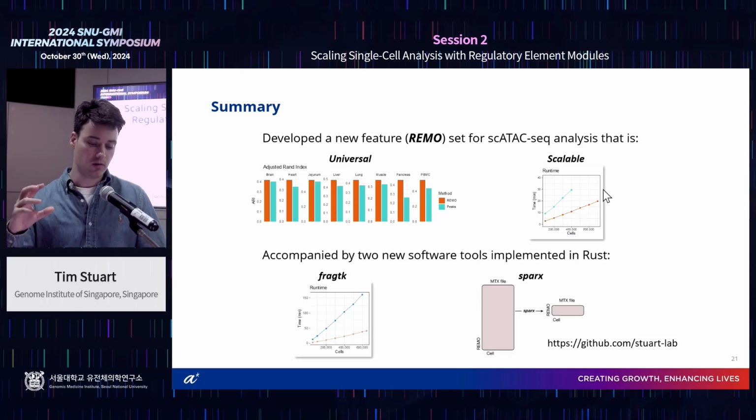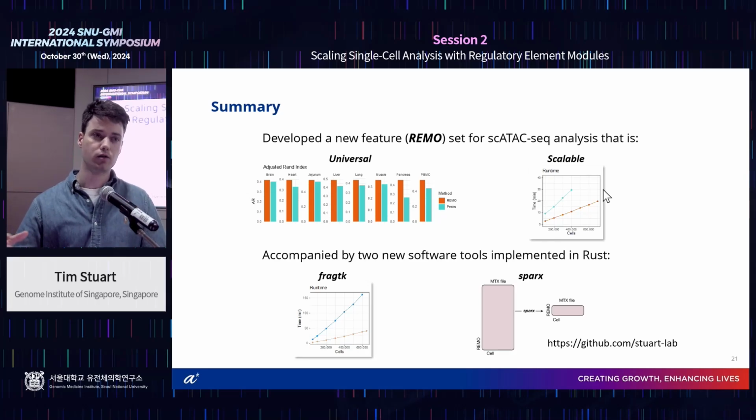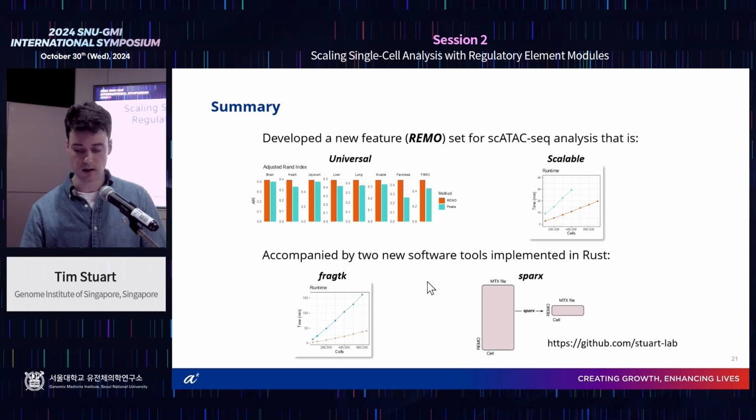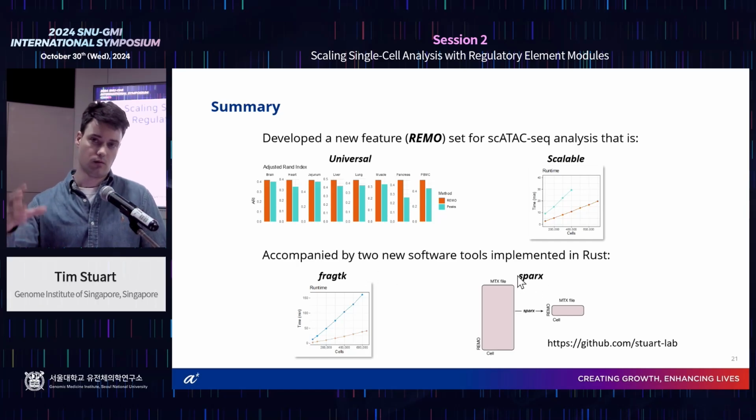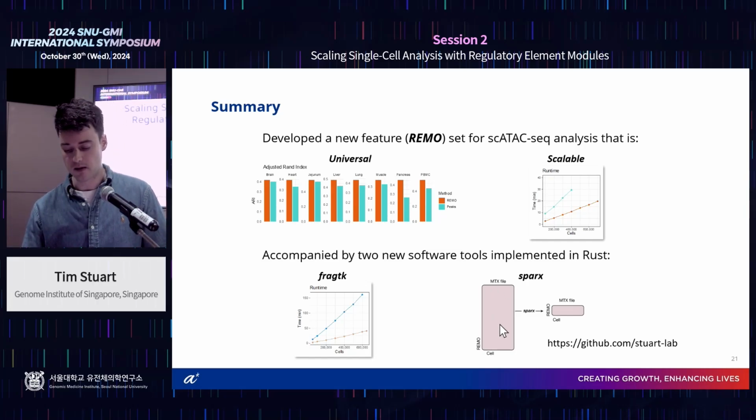This is accompanied by two new software tools that we've developed, both implemented in Rust. FragTK is for quantifying your count matrix, and then Sparks, once you have that count matrix, lets you efficiently compute statistics and subset that matrix on disk. Both are available on our GitHub page.